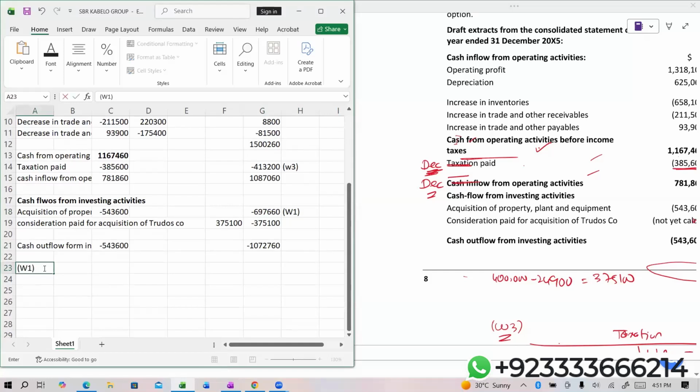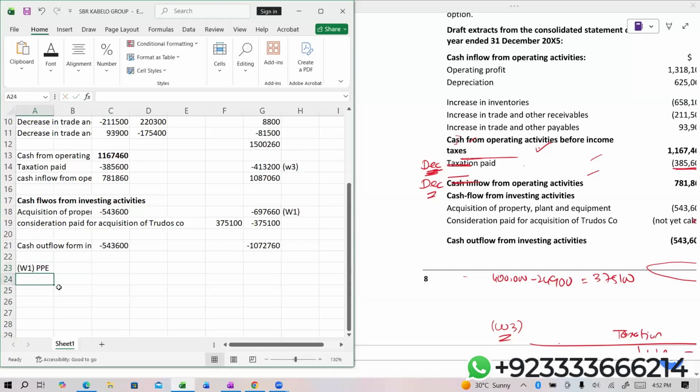For example, working one, even though we did goodwill, there's no harm, you can do property, plant and equipment. First, let's say you are dealing with PPE. I want you to properly calculate the cash purchases of property, plant and equipment. This will be your working one, let's say.